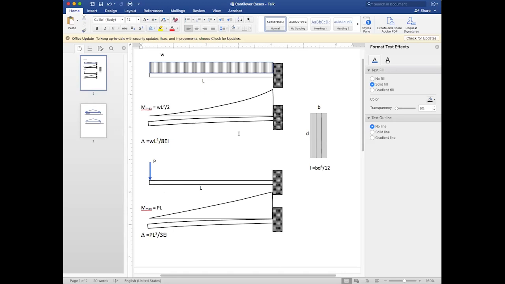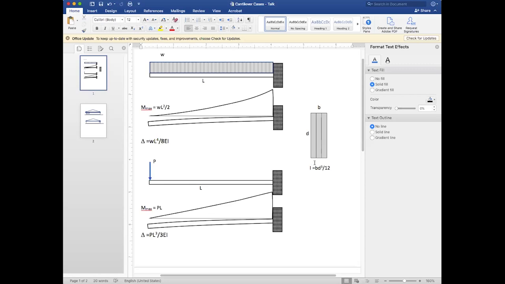Okay, so in both cases, you have a maximum moment at the very end, at the face of the connection, the support. If it's a point load, it's a triangular moment. If it's a uniform load, it's a parabolic moment. But the critical moment is always at the end, at the support. At the free end, that's where you have the maximum deflection.